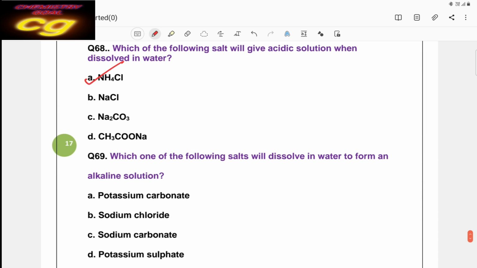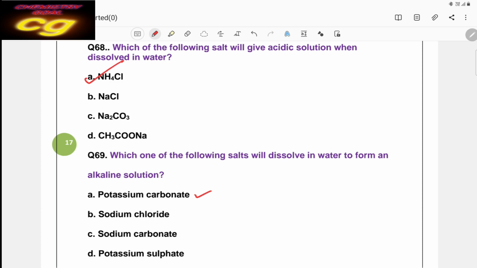Which one of the following salts will dissolve in water to form an alkaline solution? For an alkaline solution we have to see that a strong base is used. Potassium carbonate is correct. Sodium chloride is a strong acid and strong base. Sodium carbonate is a strong base and weak acid. Potassium sulfate is both strong acid and strong base.